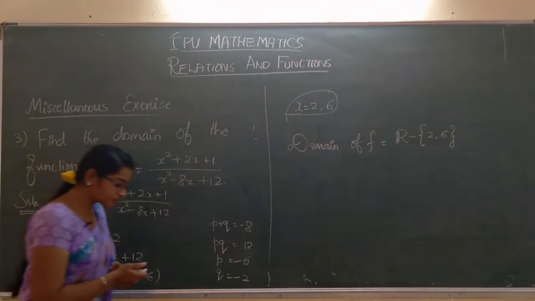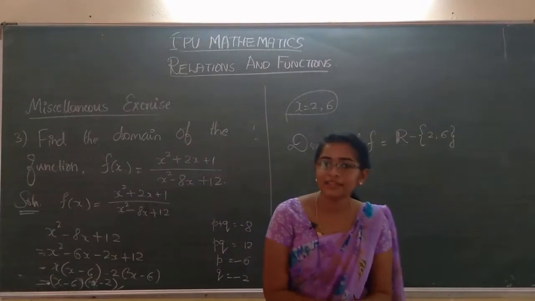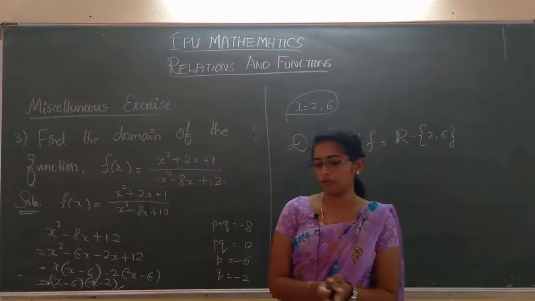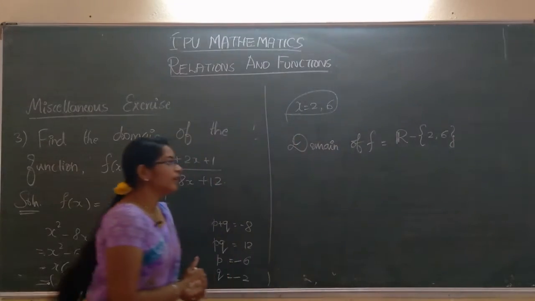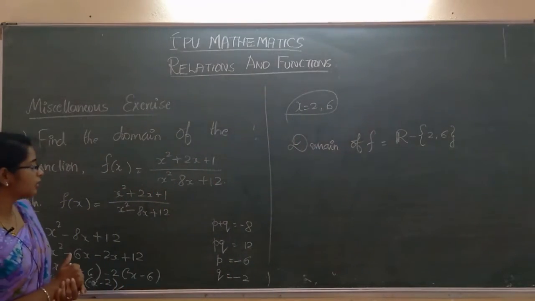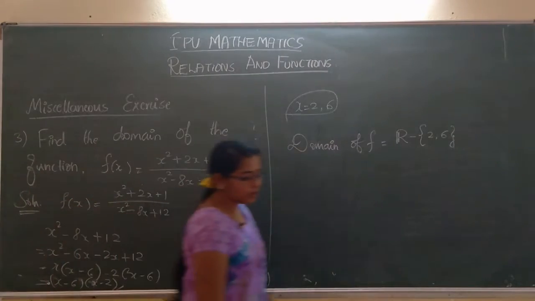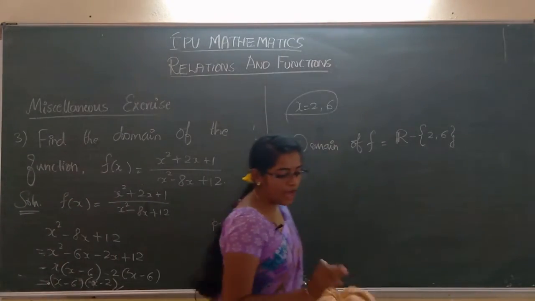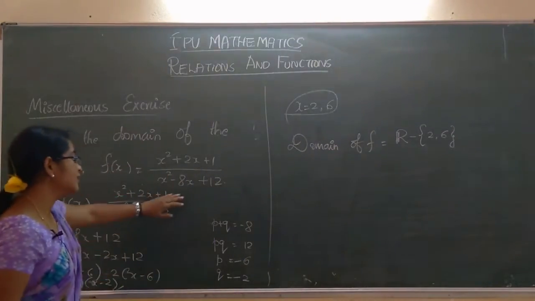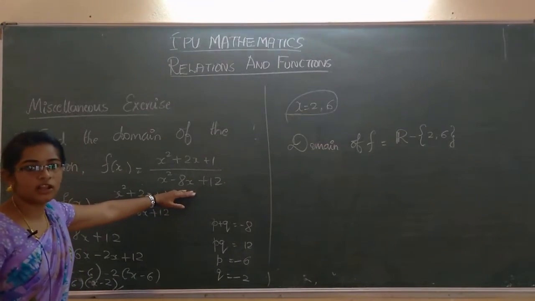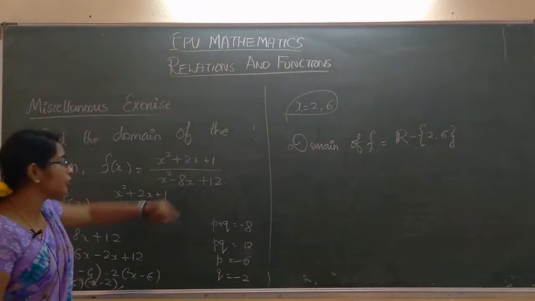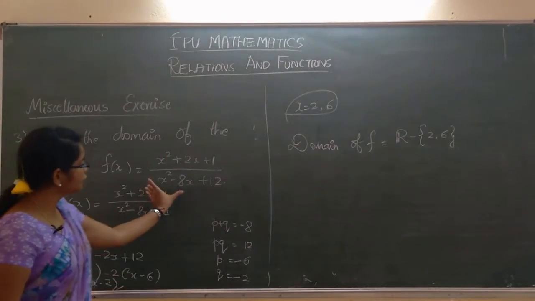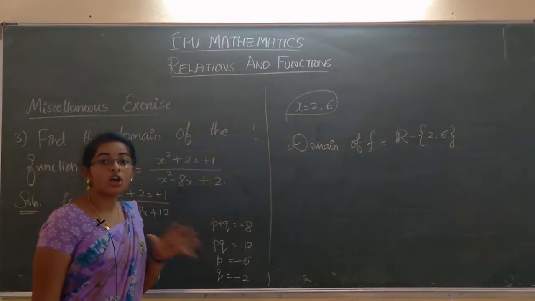Domain is the set of all x for which the function is well defined. This is how you need to find the domain of a given function. If you have a rational function, you should look at the denominator of that function, and in order to say that the function is well defined, we need to have the denominator non-zero.